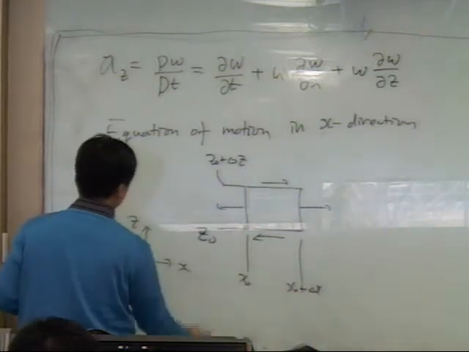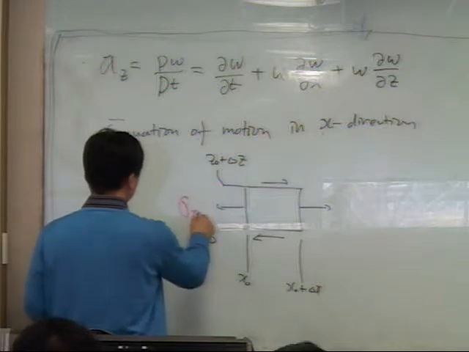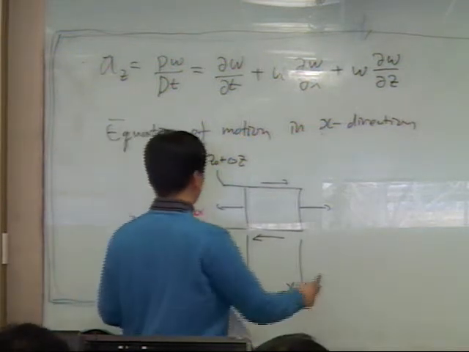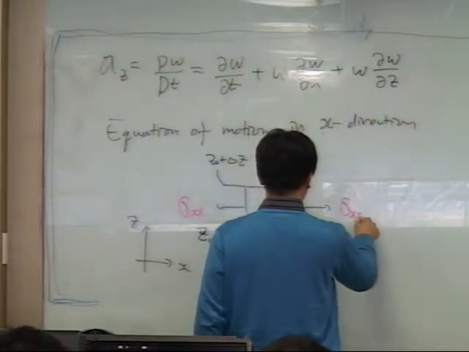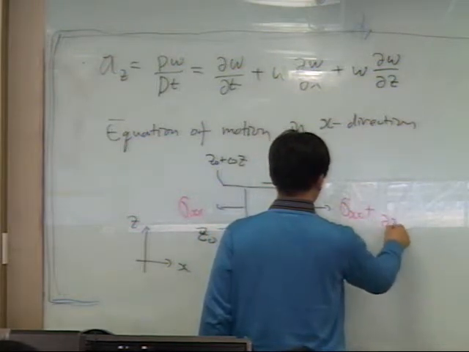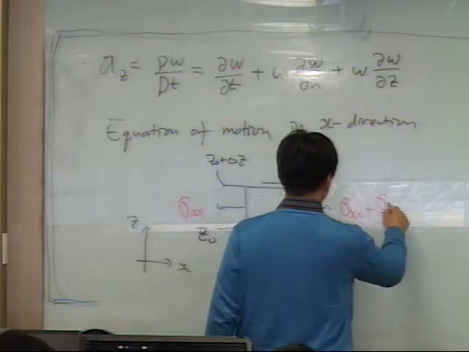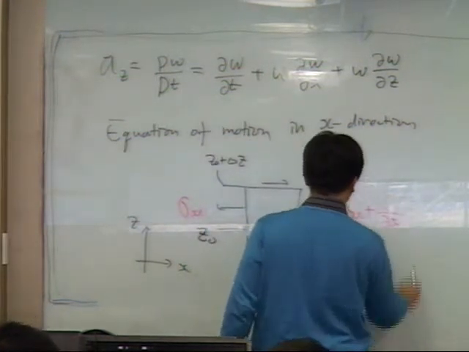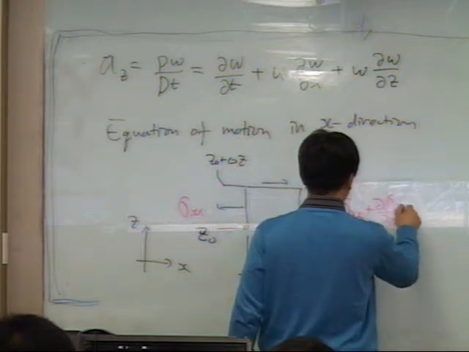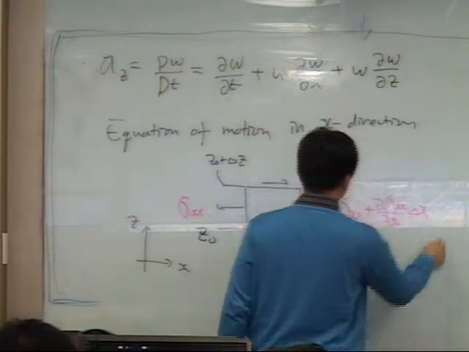Here we have a stress xx, and by a Taylor series expansion, we will have stress xx plus its derivative times delta x.